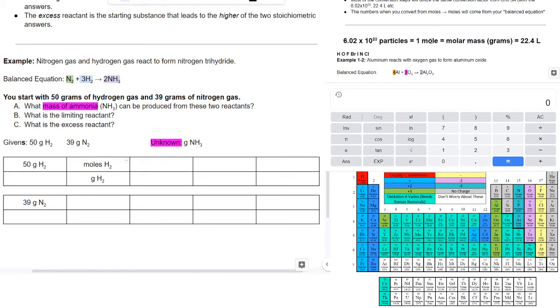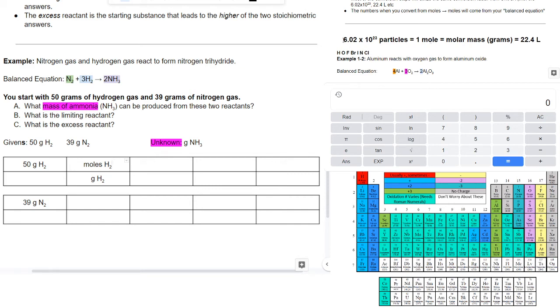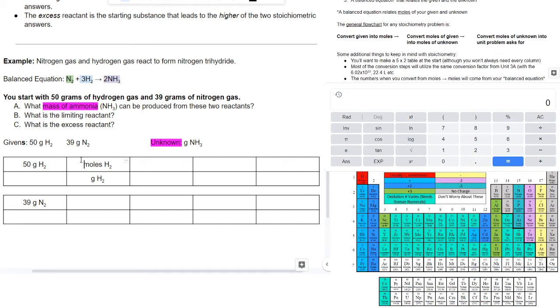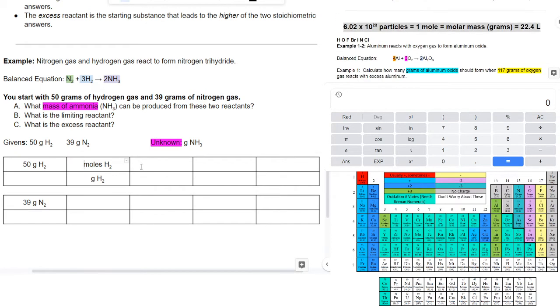Anytime our units are different, moles and grams, remember we're using our conversion factor here. So that's 1 mole. And the molar mass in grams, hydrogen's got a mass of 1, so H2 is 2 grams.